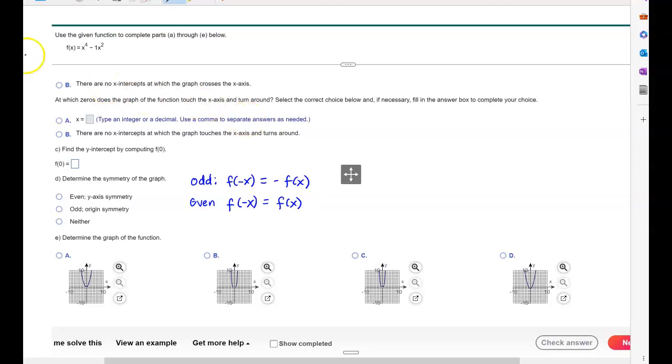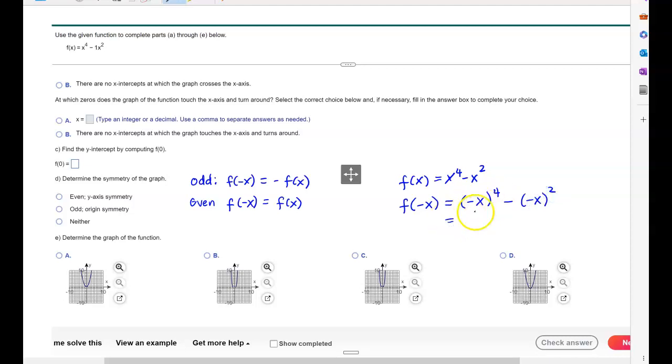So let's take a look at the function here. You have f of x equals x to the 4th minus x squared. Now if we evaluate the function at negative x, we replace the x by negative x. So you have negative x to the fourth minus negative x squared.